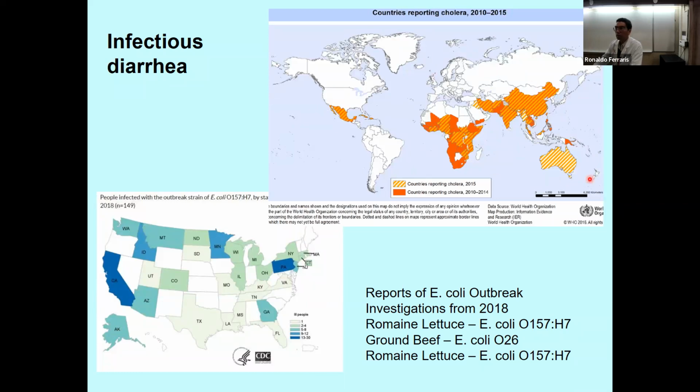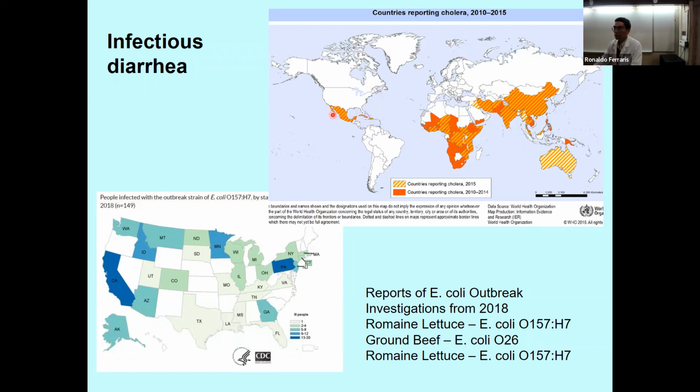This is cholera. This is actually a virulent disease, right? You've heard of cholera. And this shows the episodes of cholera cases in 2015 in different parts of the world. As you can see, we don't have a lot of cholera here. The United States and Canada are very careful about potential infections by cholera, because it is a deadly disease.